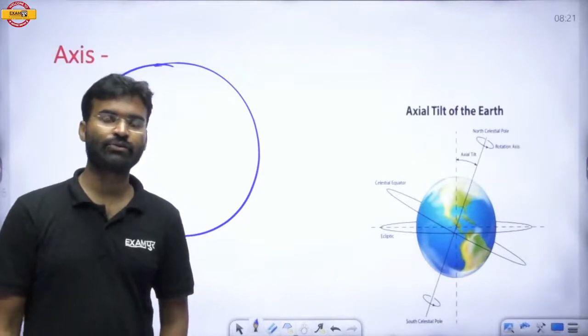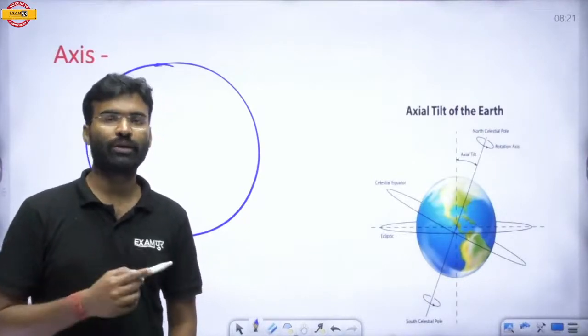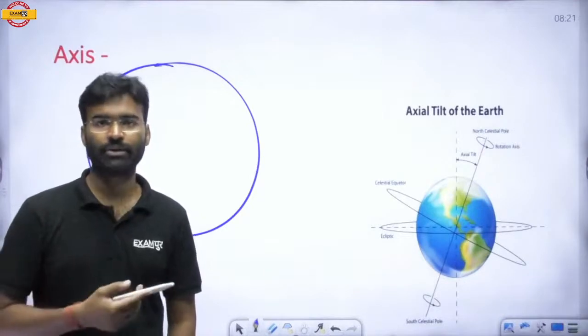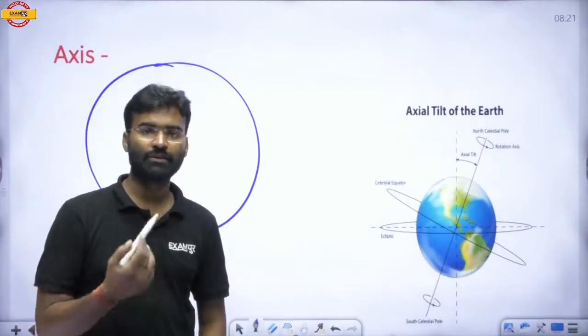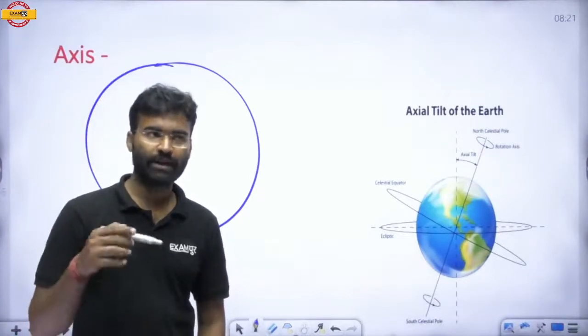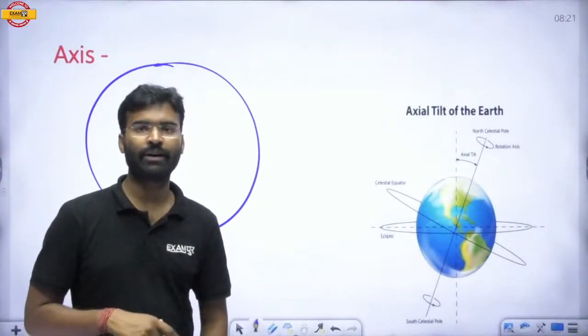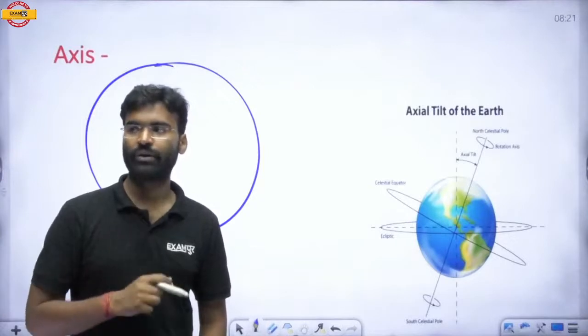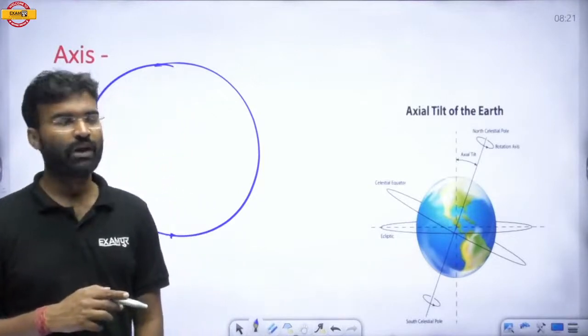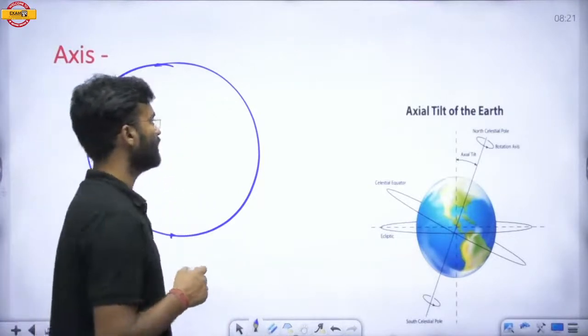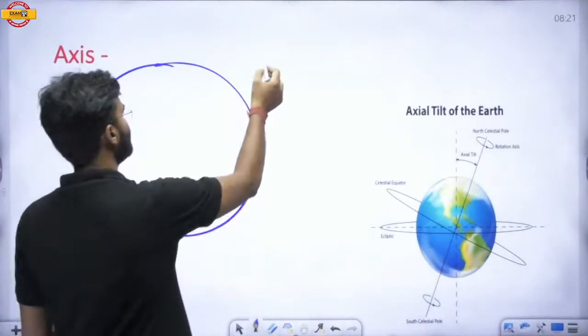Initially, it was considered that the shape of Earth is spherical, but after some time, according to the latest update regarding the Earth, the shape of Earth is not a spherical shape. The shape of Earth is now called geoid.